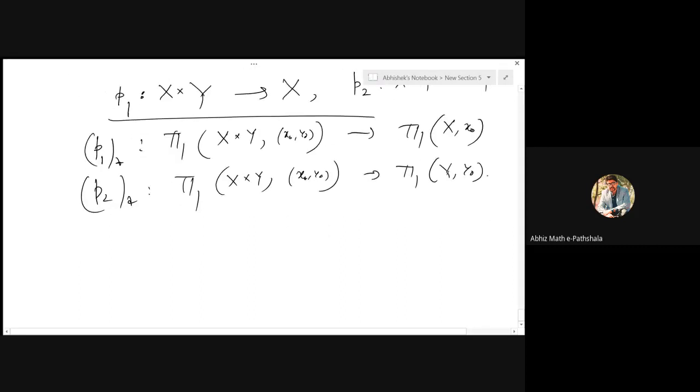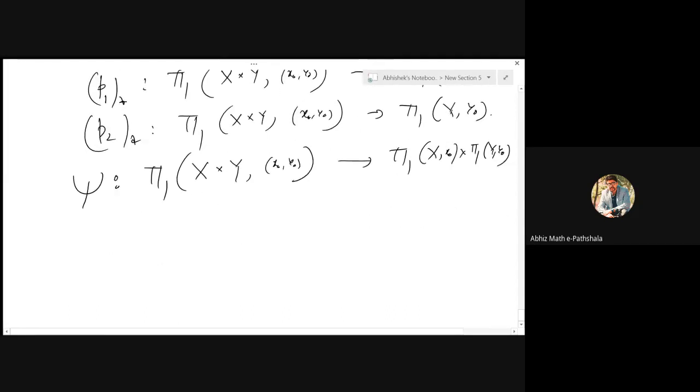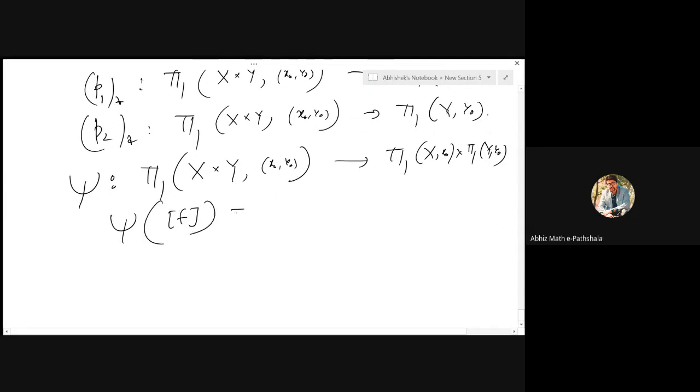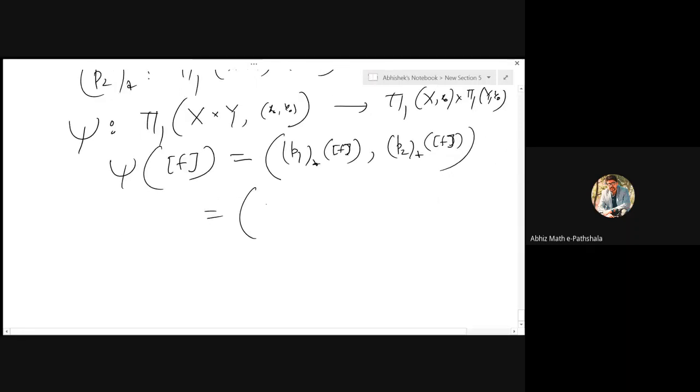And now with respect to these two homomorphisms, I can define one map psi from the fundamental group of the product space to the direct product of these fundamental groups, defined as class F going to P1 star of class F and P2 star of class F. That means this is P1 compose F and this will be P2 compose F, right?